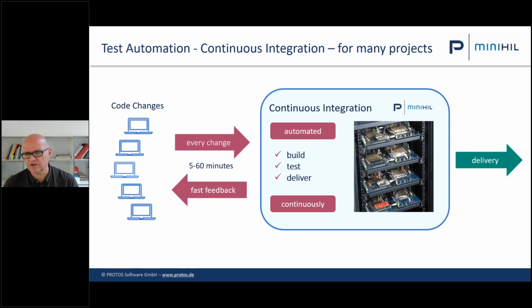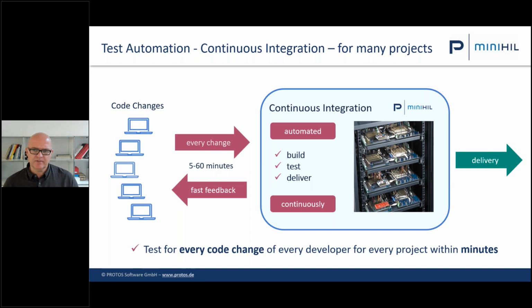Continuous delivery is a good idea. You should definitely give this a try. It helps a lot. It has nothing to do directly with the miniHIL, but continuous integration is essential to do continuous delivery afterwards. So you can test every code change worldwide of every developer for every project within minutes.